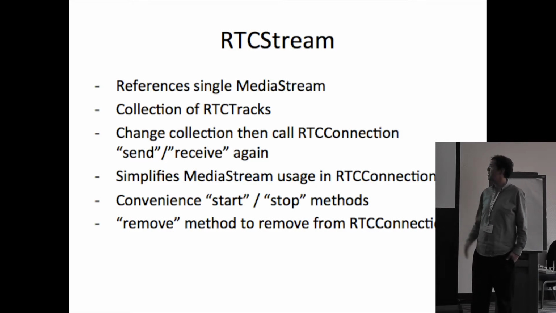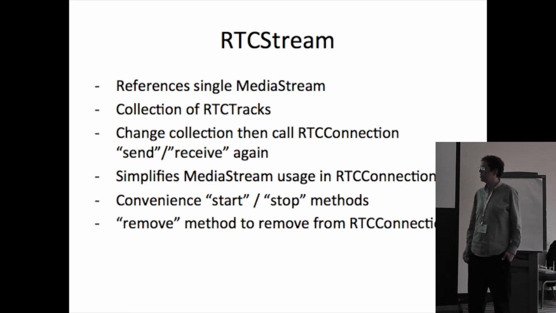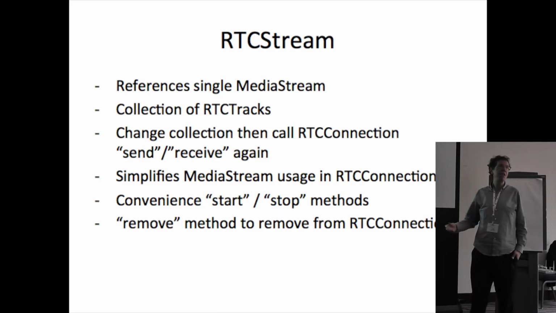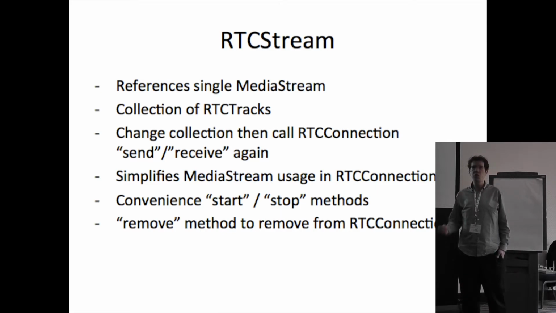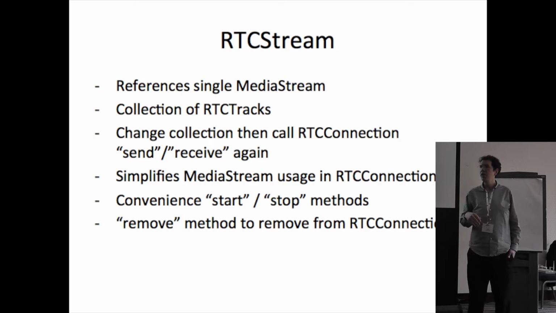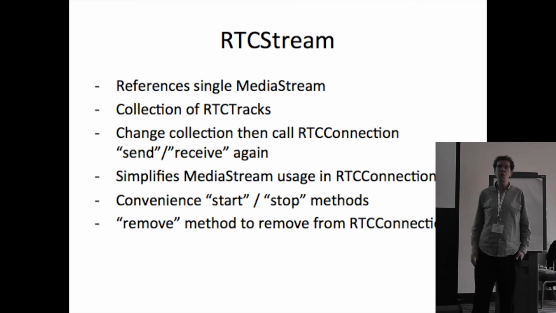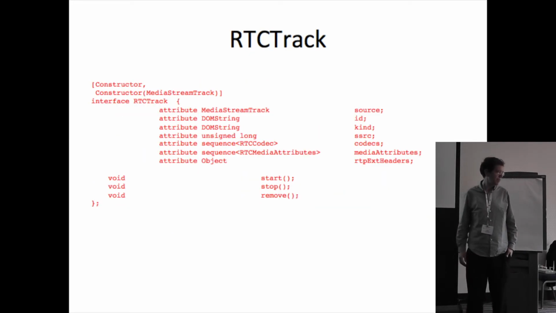It's all about simplifying the usage for RTC connection. I'm still in debate about these last two points, but it has a convenient method to start and stop the actual transmission of the stream on the wire for the media streams going over a particular peer connection, but that's open for debate. Next.